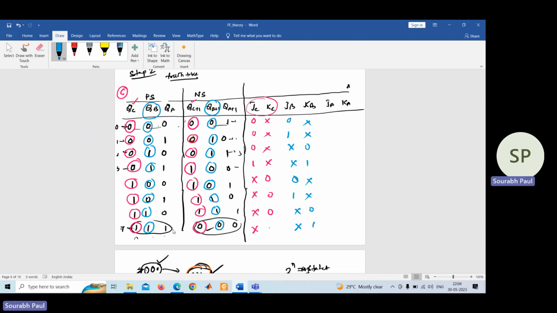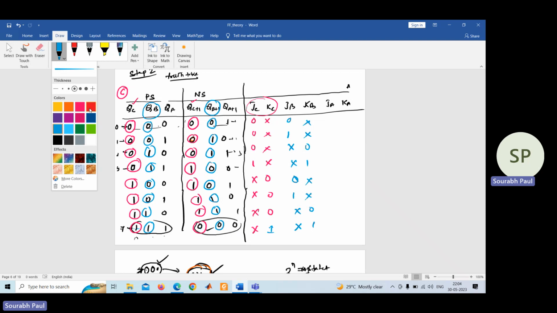I did not write this value, that is 1 0, that should be x1. Now do the similar procedure for the third flip-flop also.